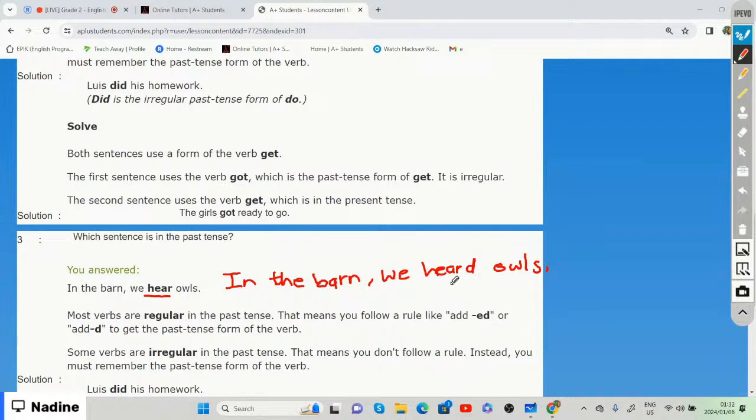So heard being our irregular past tense verb, from hear being the present tense form to heard being our past tense form.